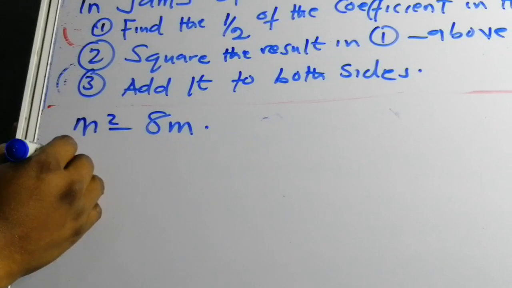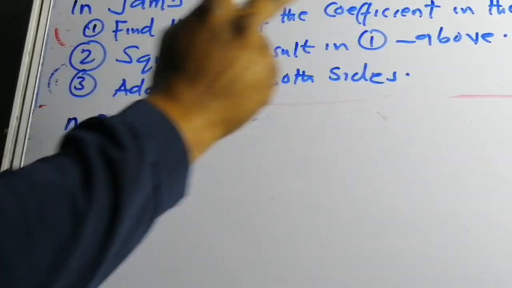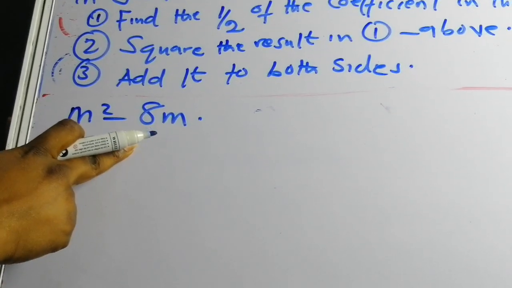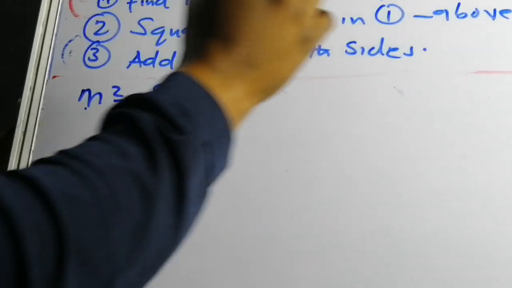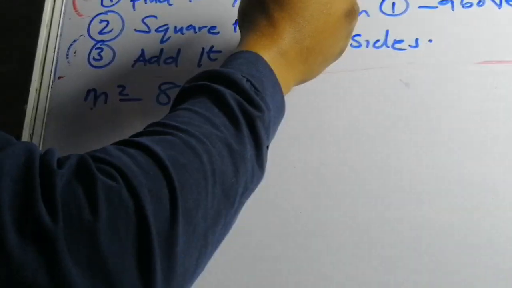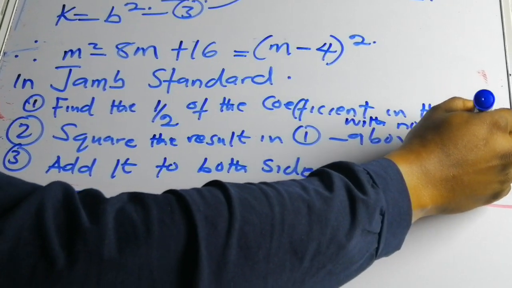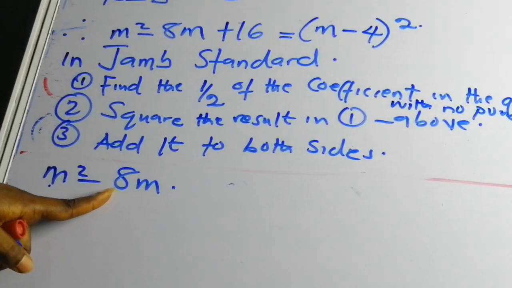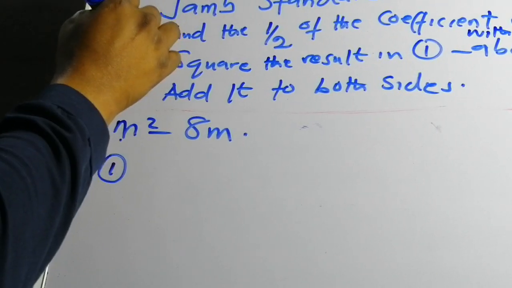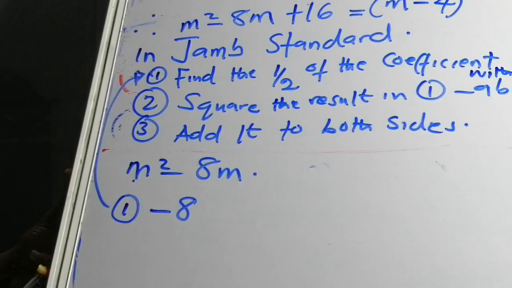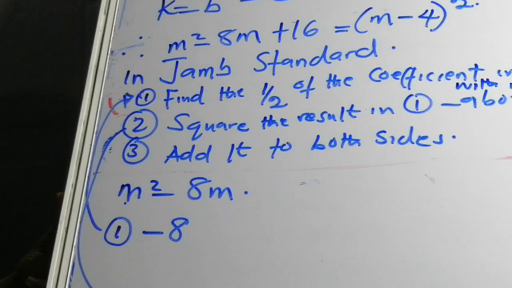The coefficient of m, with no power, is minus 8. That's the coefficient in the question with no power, which is minus 8.